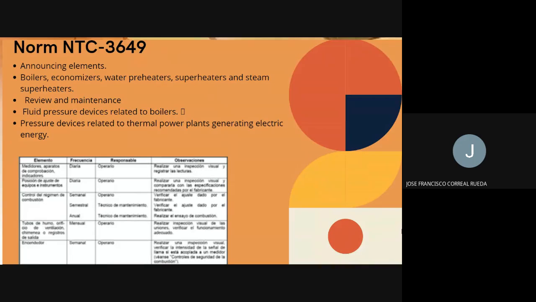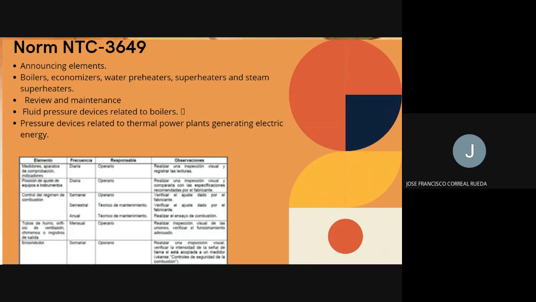And finally, I am going to talk about the regulation of these boilers. We decided to divide the standards into two parts. The first contains standards for the technical part and the other for the environmental part.